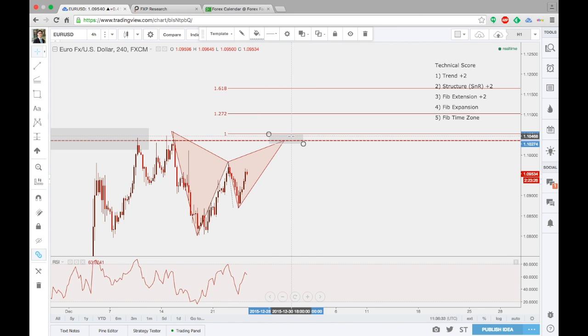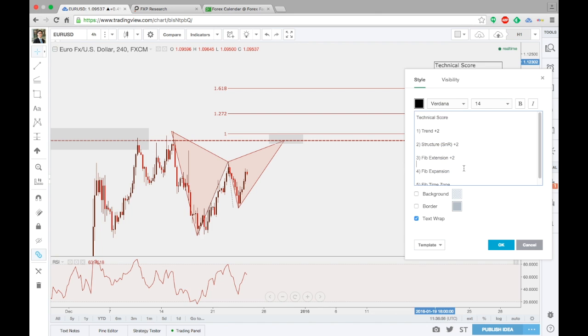This rectangle area highlighted in gray is considered the PRZ zone, because what we have is the 88.6 retracement level, 127 extension, 141 extension, and in terms of fib expansion, a one-to-one around this region. So once again, you can give it a +2 because we have something happening over there.